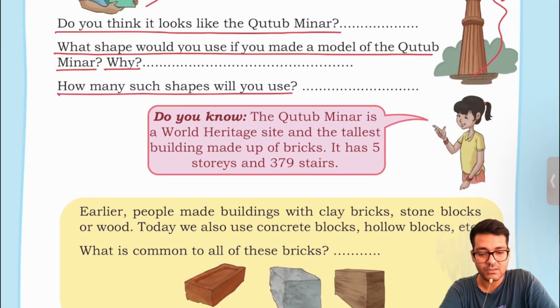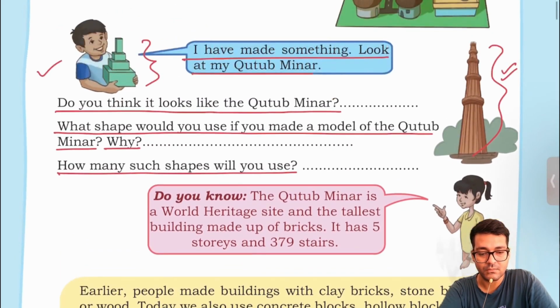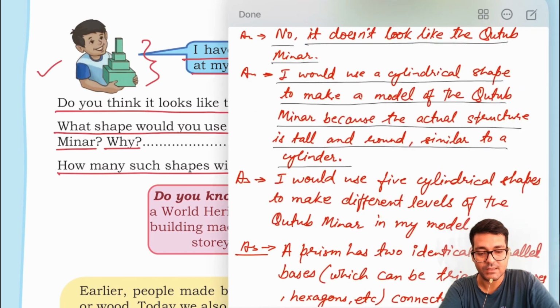How many such shapes will you use? I will use 5 cylinders. 1, 2, 3, 4 and 5. You can write like this. I would use 5 cylindrical shapes to make different levels of the Qutub Minar in my model.